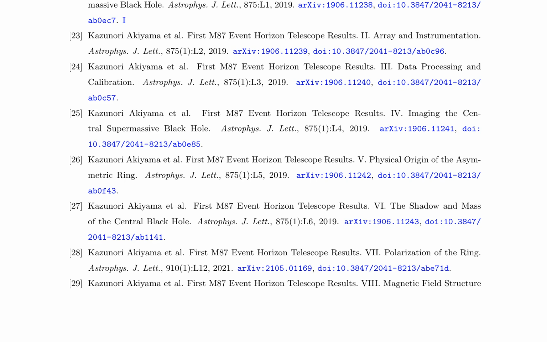The section also includes research on lensing of gravitational waves from LIGO Virgo data, probing modified gravitational wave propagation with strongly lensed coalescing binaries. Additionally, it covers Schwarzschild black hole lensing and the Event Horizon Telescope's observations of M87, including its shadow, instrumentation, data processing, and the physical origin of the asymmetric ring.